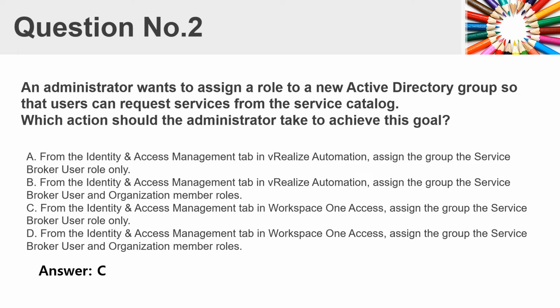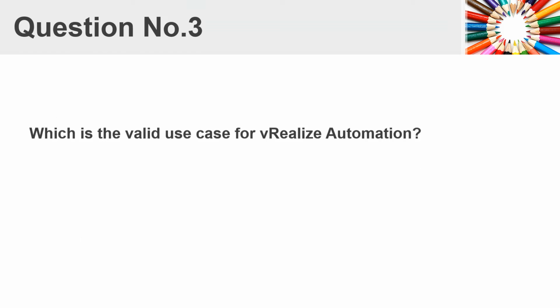C. From the Identity and Access Management tab in Workspace ONE Access, assign the group the Service Broker user role only. D. From the Identity and Access Management tab in Workspace ONE Access, assign the group the Service Broker user and organization member roles. Answer C.